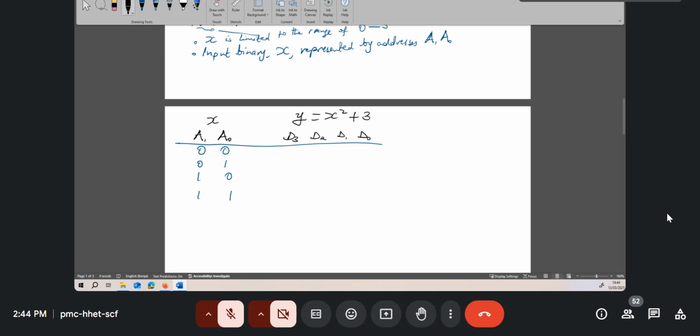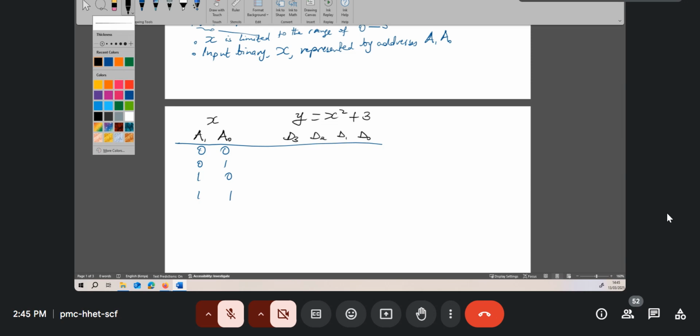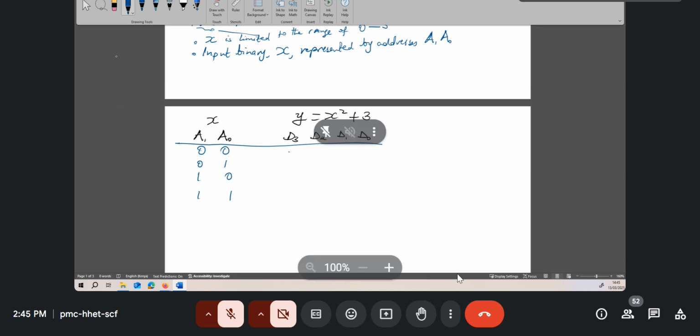So how would we represent that in binary form? Can somebody give me, starting with the most significant bit, for the first case, when x equals 0? 0, 0, 1, 1. Yes, correct. So this will be 0, 0, 1, 1.